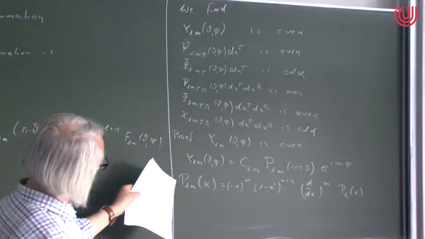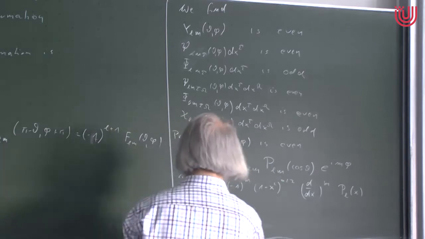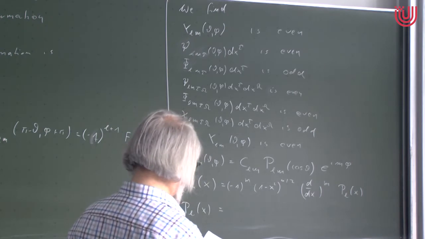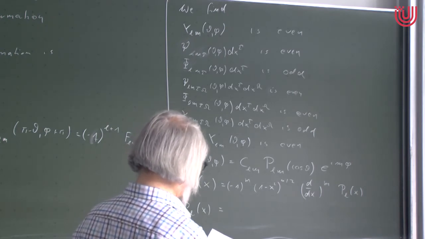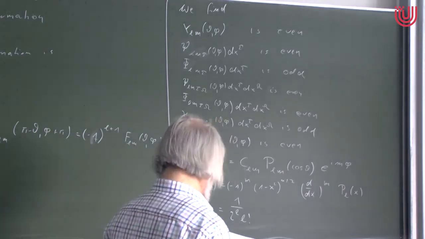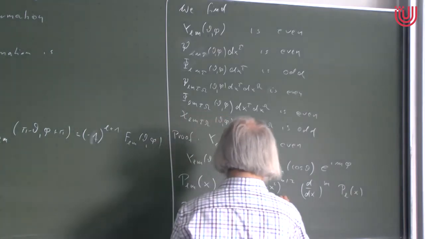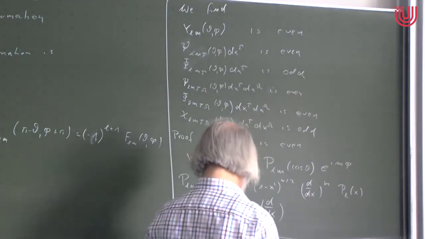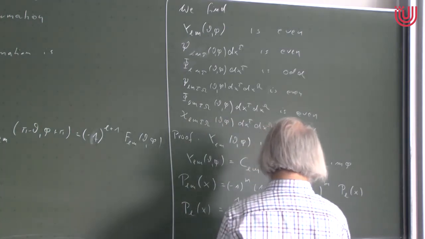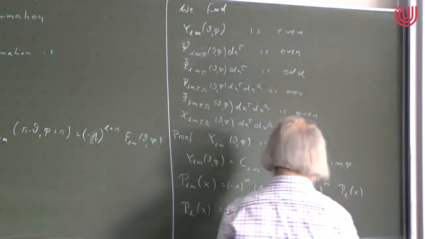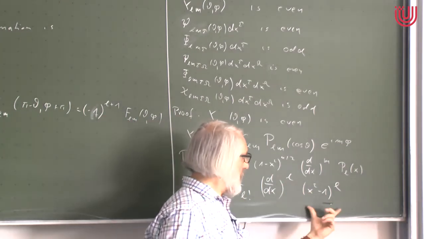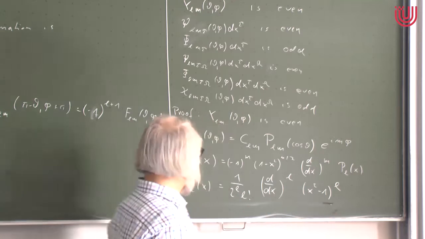These are the so-called associated Legendre polynomials. These are the Legendre polynomials. P_L of x is, what's the normalization factor? 1 over 2^L L factorial, d by dx to the power L, (x squared minus 1) to the power L. So that's a polynomial, right? If you work out this derivative for any L, you always get a polynomial. So it's a Legendre polynomial.